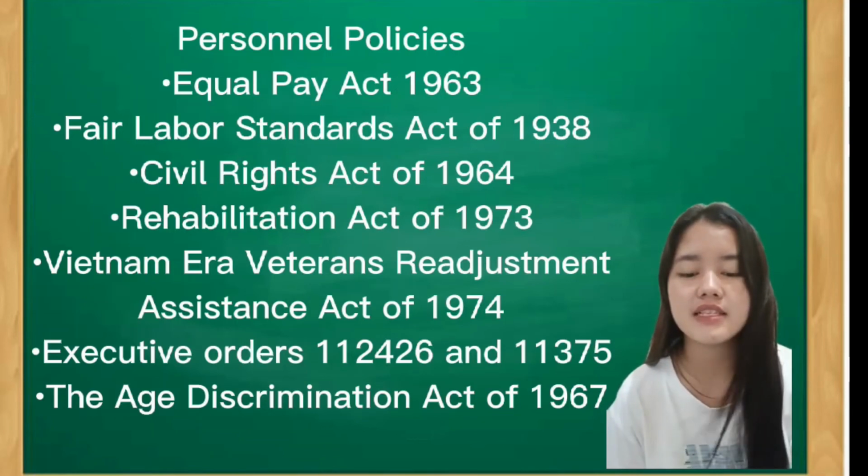Then the Civil Rights Act of 1964, Title VII, amended in 1972, prohibits discrimination because of sex, race, color, religion, or national origin. Then the next one is the Rehabilitation Act of 1973. It prohibits job discrimination because of a handicap. It further requires affirmative action to hire and advance handicapped workers.